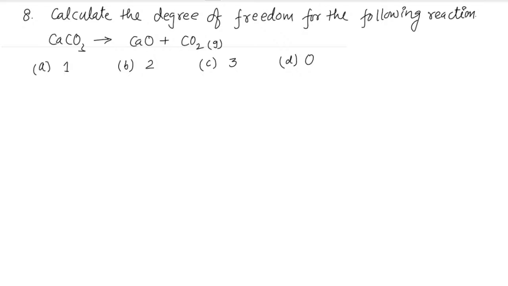How many phases are there? 2 solids, calcium carbonate. Very good. So 2 solids and 1 gas, means phases are 3. And how many components? In this case, how many components are there?